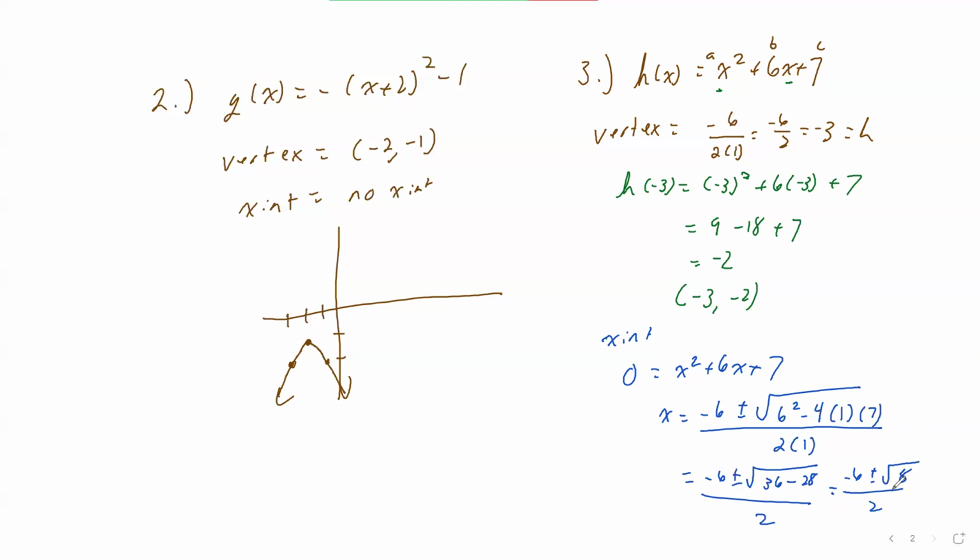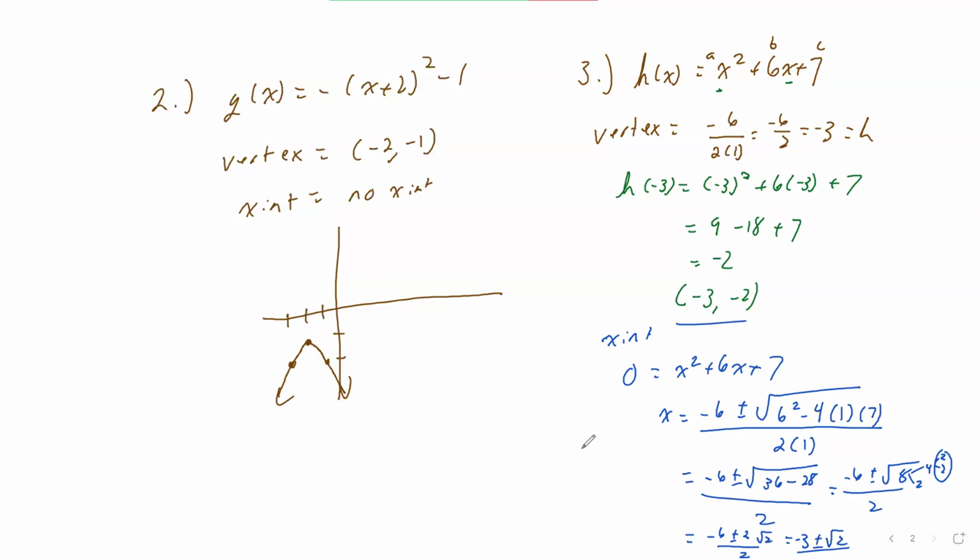And when I work this out, 8 is 4 times 2, so I can simplify this even more. This would be negative 6 plus or minus 2 square root of 2, divided by 2. Simplify that, and it's negative 3 plus or minus the square root of 2. So there are your x-intercepts, and there's your vertex.